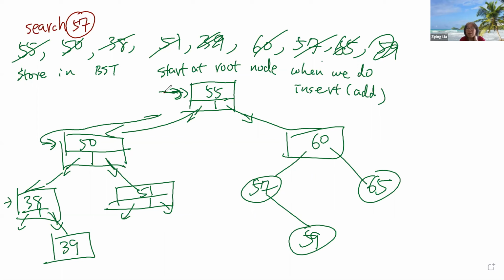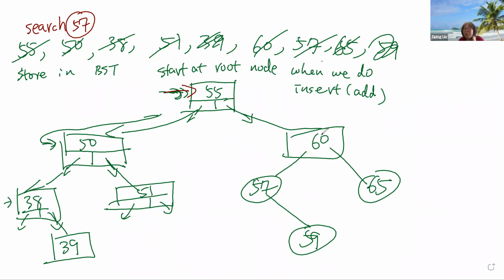You start at the root node. You compare 57 with 55. It's greater than 55. So can it be possible to be on the left subtree? There is no way. So you can completely forget the left subtree. Go to the right subtree.